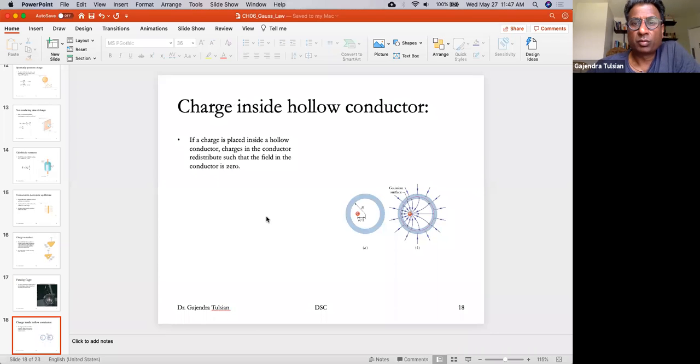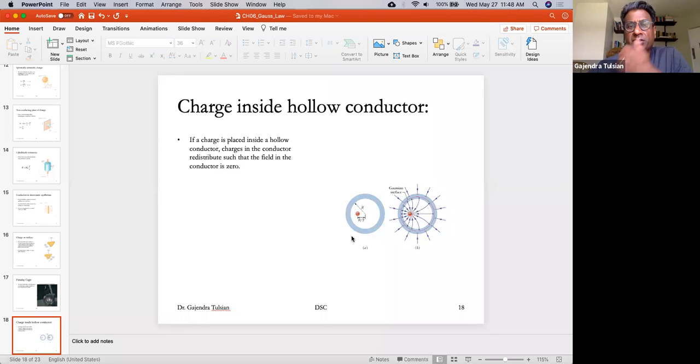So what this diagram shows you is a conducting shell. If you place a charge inside the conducting shell, then the charges distribute. If this charge is minus 5e, there's a positive 5e distributed here, and there's a minus 5e distributed on the outer shell.